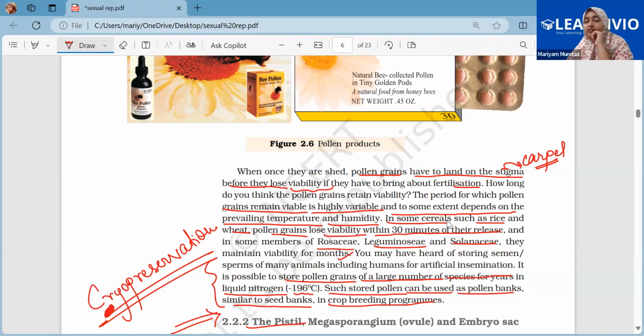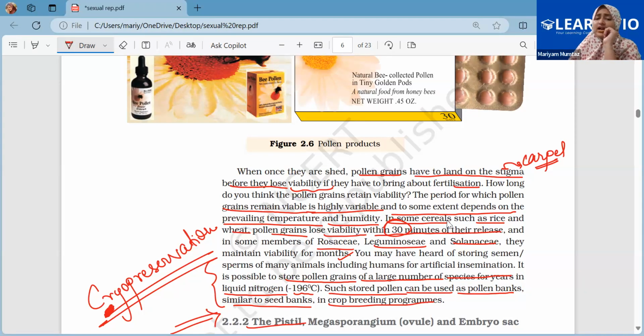Different pollens have different viability periods. It is highly variable and to some extent depends on temperature and humidity also. In some cereals such as rice and wheat, pollen grains lose viability within 30 minutes of their release. So they can only fertilize within 30 minutes. After that, they are of no use.